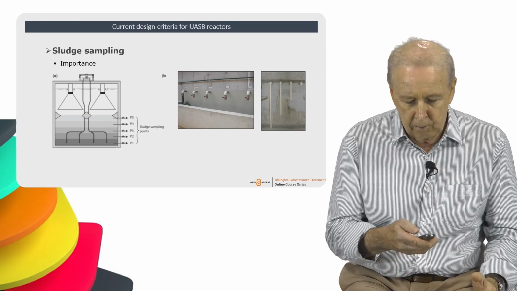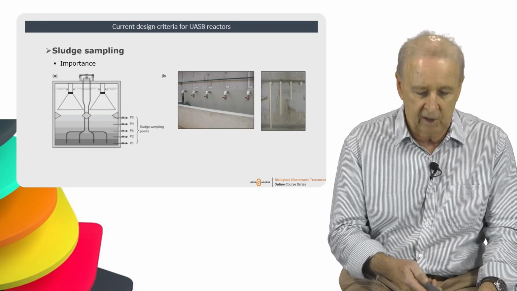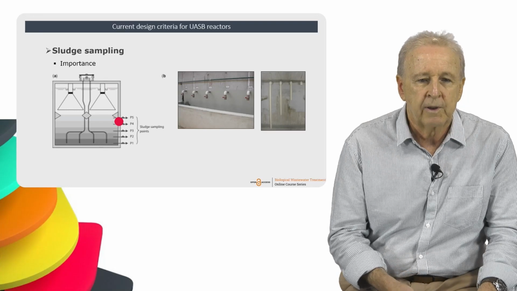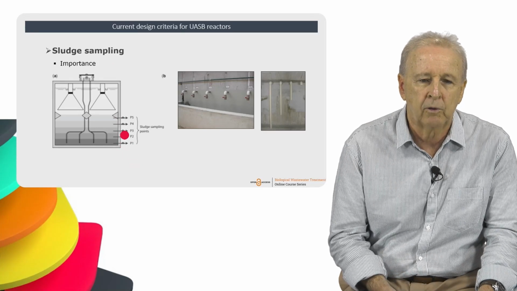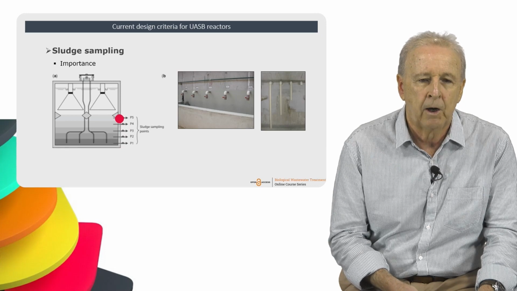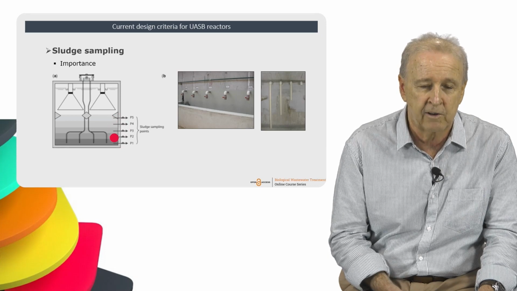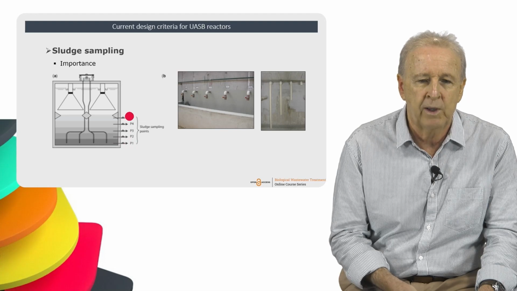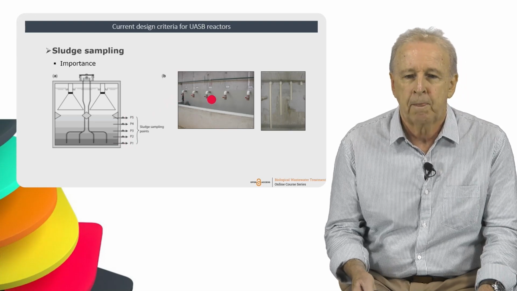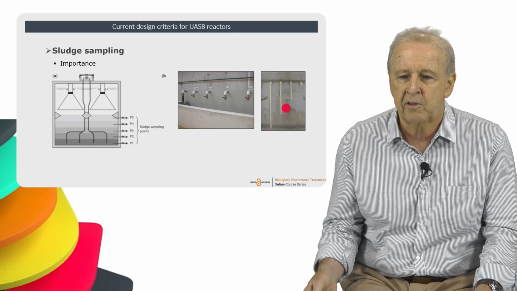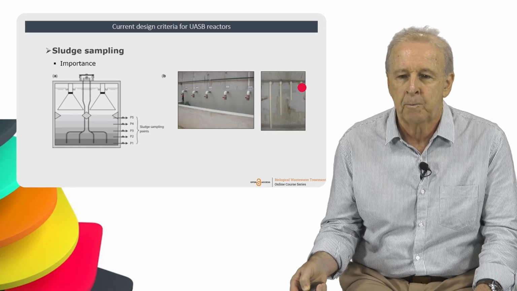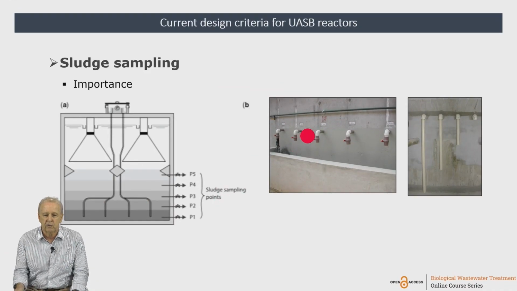So it is important to monitor the amount of sludge, and for this we use sampling pipes installed from the bottom up to the upper part of the digestion compartment. These sampling points, shown here, are simple devices at different depths inside the digestion compartment, and by opening this valve, we can sample the sludge at different levels.